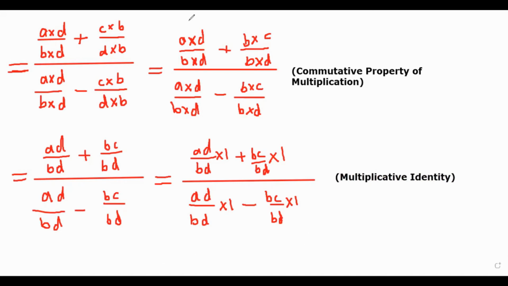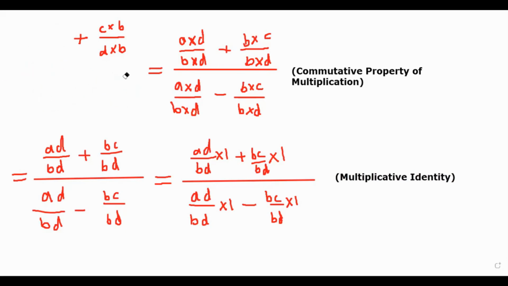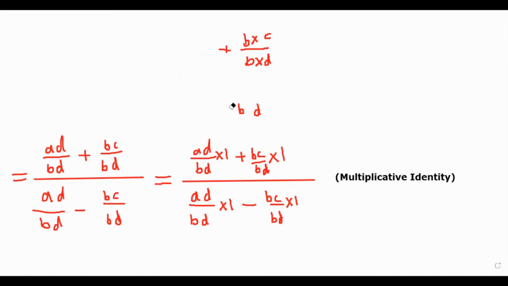Now we have used the multiplicative identity property, and for the next step we are going to use another property, which is the distributive property. But before that, we have to use a certain property of the real numbers.